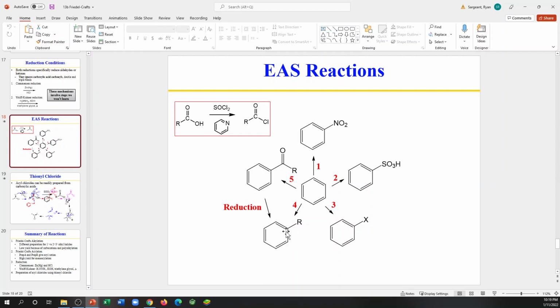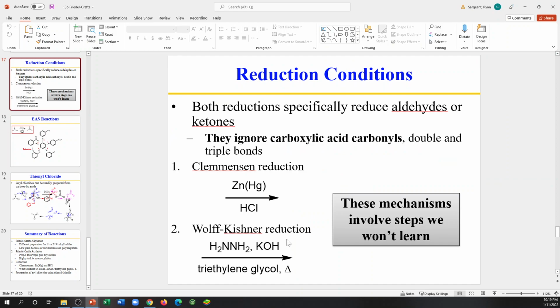Because the Friedel-Crafts alkylation produces low yield, we prefer to do a Friedel-Crafts acylation and then a reduction. There were two different types of reductions that we do, the Clemmensen reduction and the Wolff-Kishner reduction. The Clemmensen reduction mechanism is unknown, and the Wolff-Kishner reduction mechanism is not part of this course.